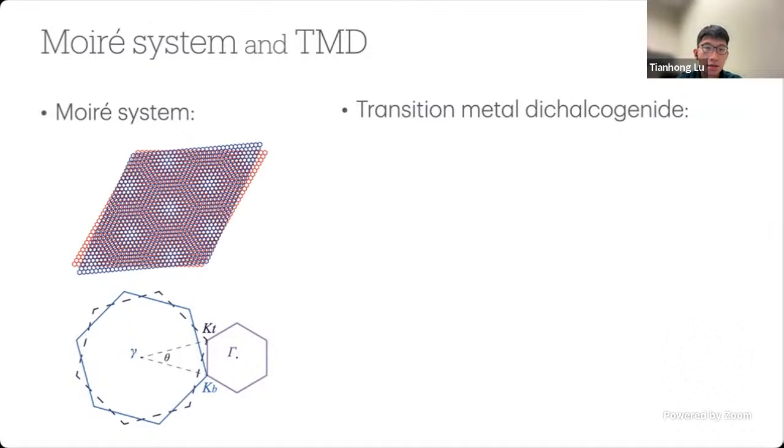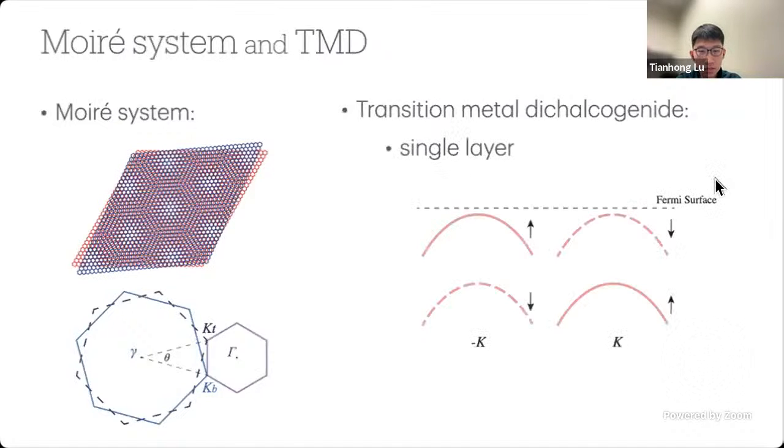Twisted MoTe2 is a moiré system, and an individual layer, MoTe2, is a transition metal dichalcogenide material. We're not going to get into the details of this material, but the takeaway is that it is a semiconductor. Below the Fermi surface, the valence bands are gapped from the conduction bands, with a kind of parabolic dispersion pointing downward.